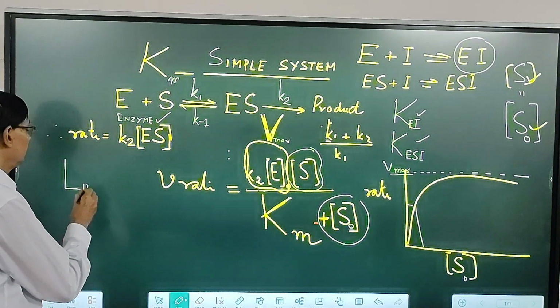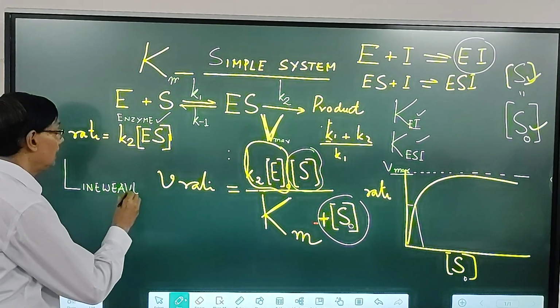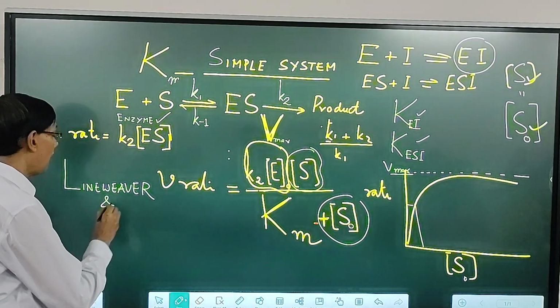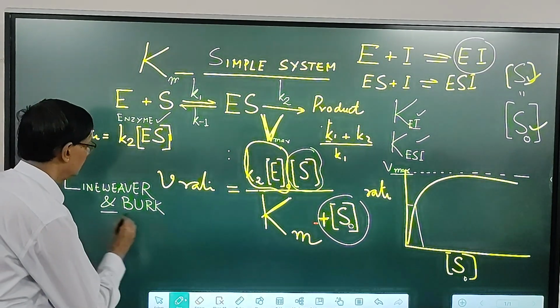One is Lineweaver, very important for examination also, Lineweaver and Burk. Very important.